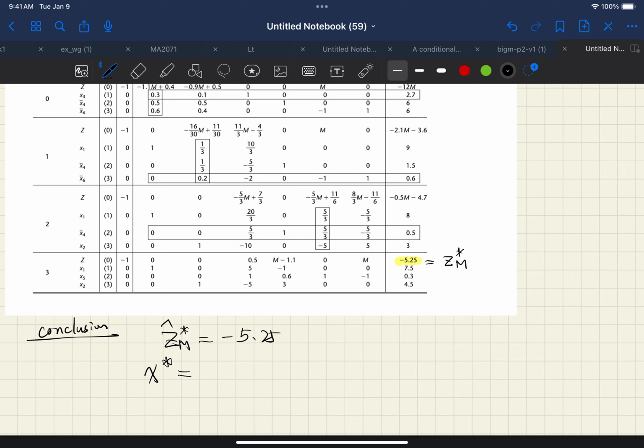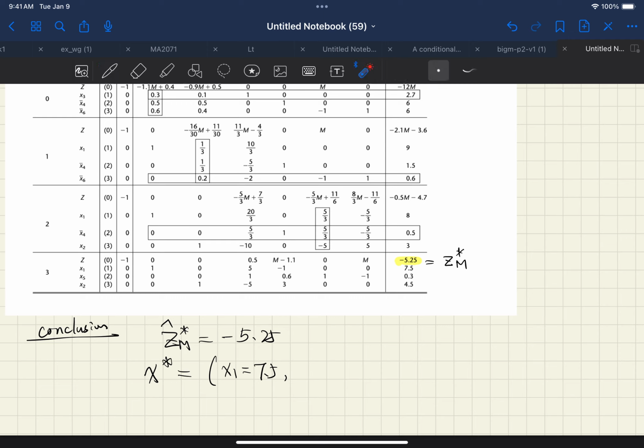It takes the optimum value when, if we scroll to the first one, this is the pivot position for the first row, so x1 is 7.5.